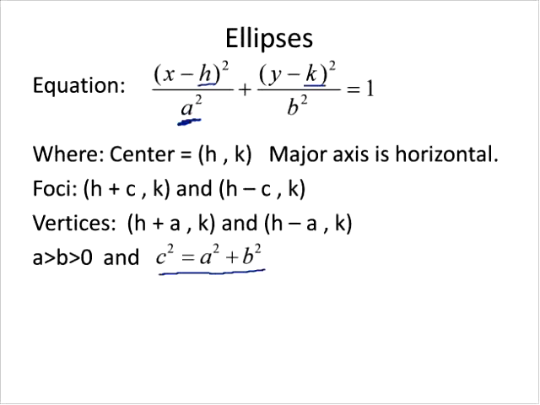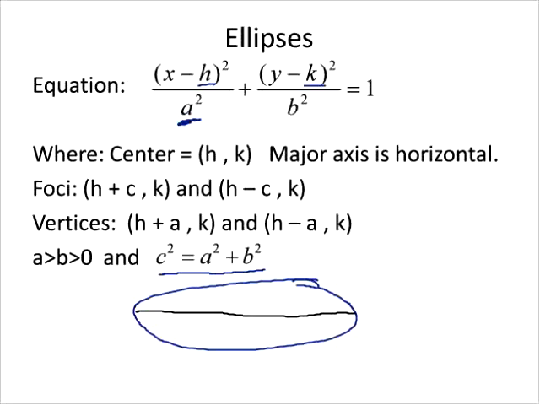And when you're thinking of all those numbers, if I just drew out an ellipse, really ugly ellipse, and here's the major axis, here's the minor axis, here's the center. The a distance, that's the distance from the center out to the vertex.